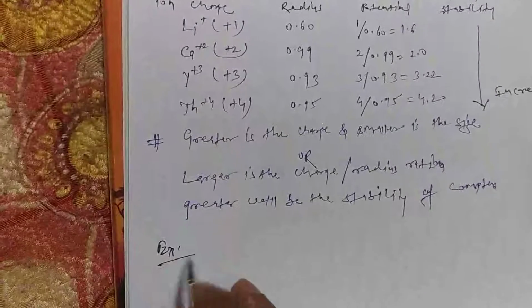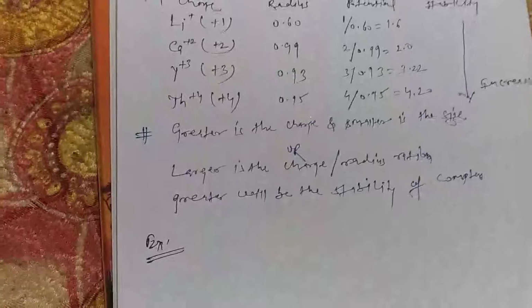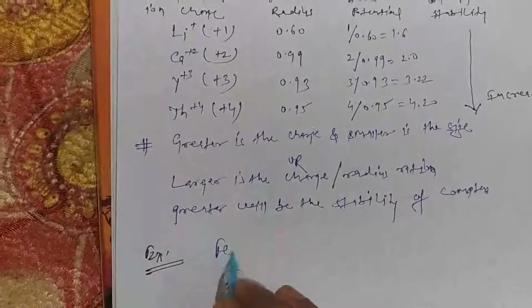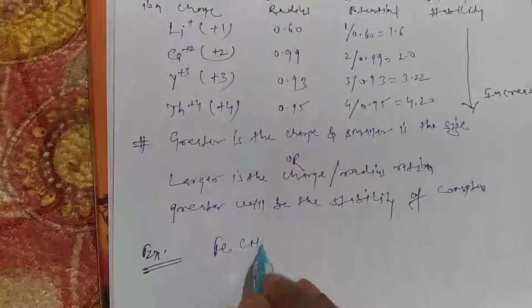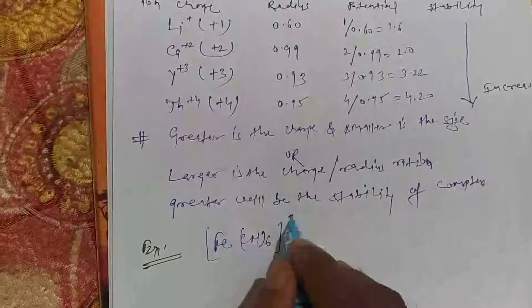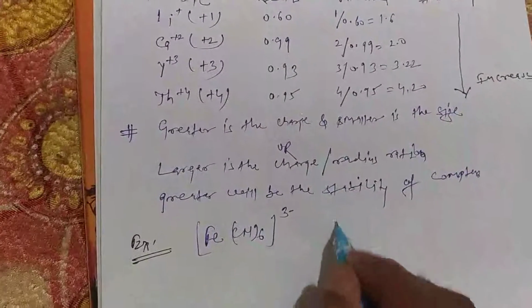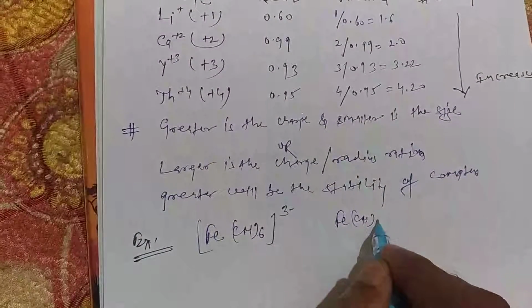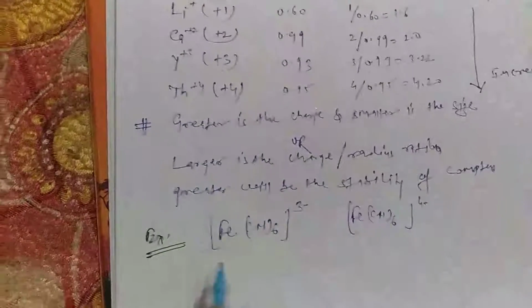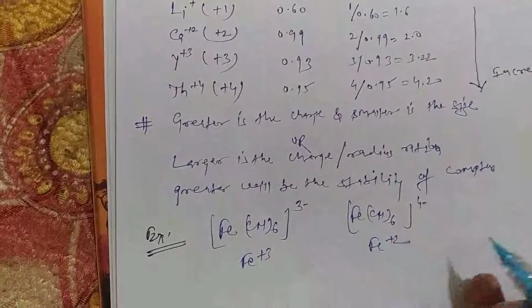Let's take an example of Fe complexes. We have [Fe(CN)6]3- and [Fe(CN)6]4-. Here Fe is in +3, here Fe is in +2.